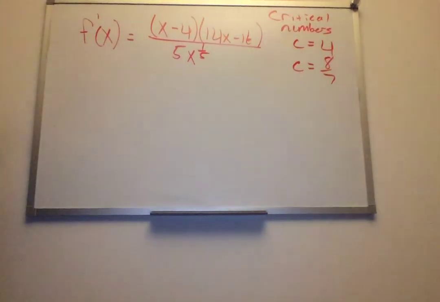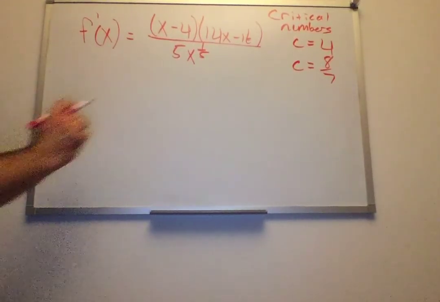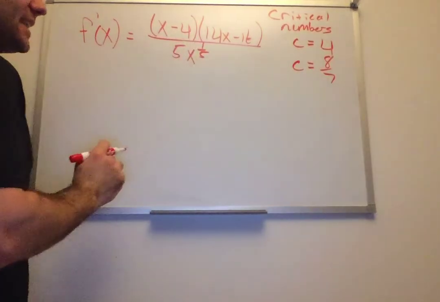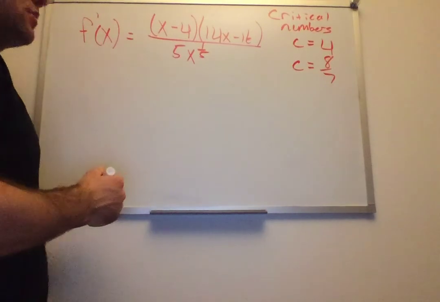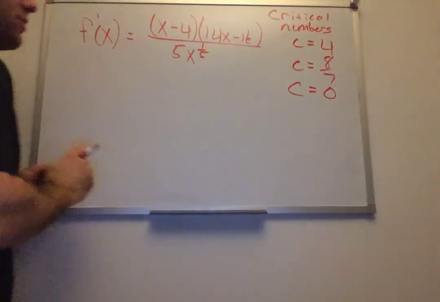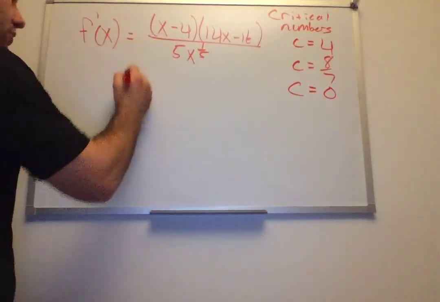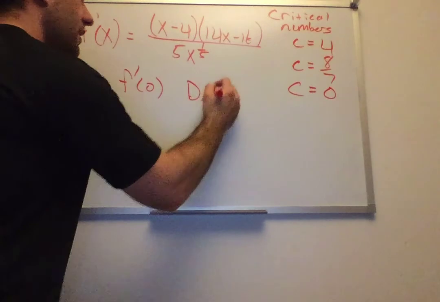If you recall that, we also have critical numbers where the derivative doesn't exist. The derivative doesn't exist at 0. I can't plug 0 into here, otherwise I would be dividing by 0. So, c is equal to 0. That's our last critical number. F prime of 0 does not exist.